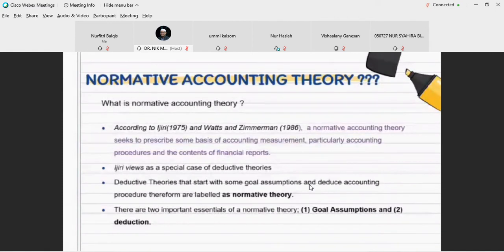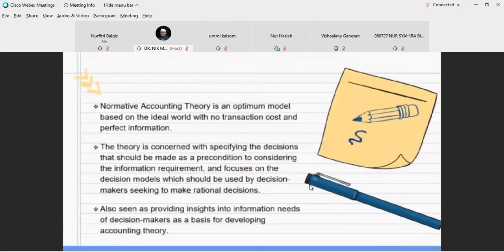There are two important essentials of normative theory. First, good assumptions, and second, deductions. Normative accounting theory is an optimum model based on an ideal world of transaction costs and perfect information.